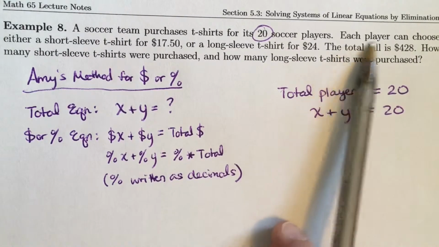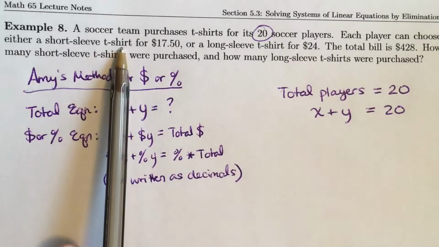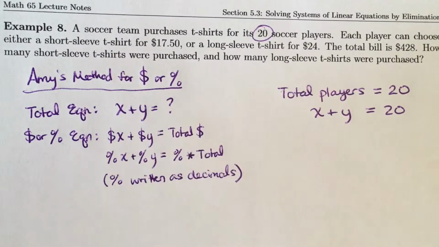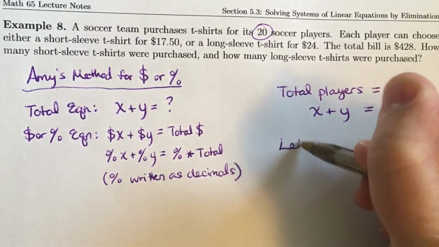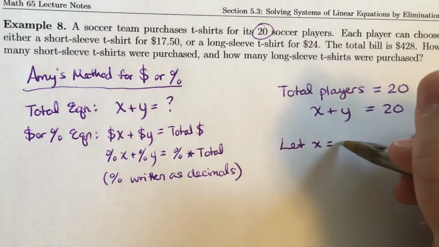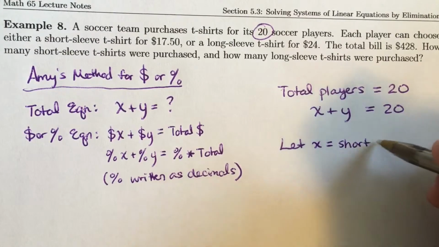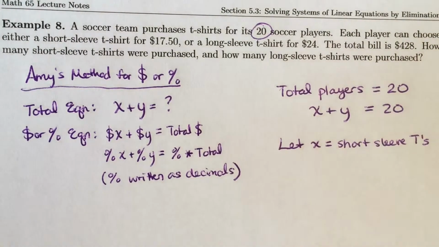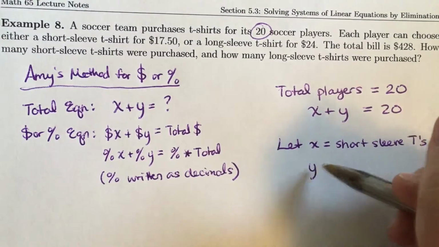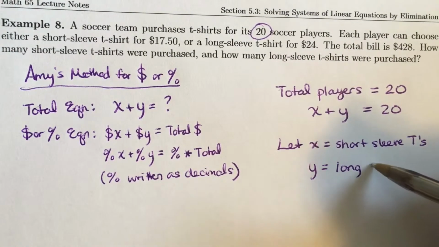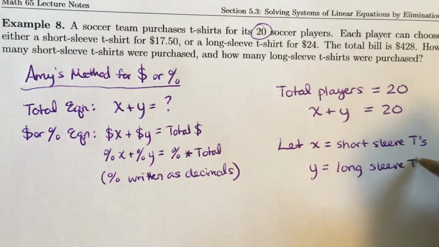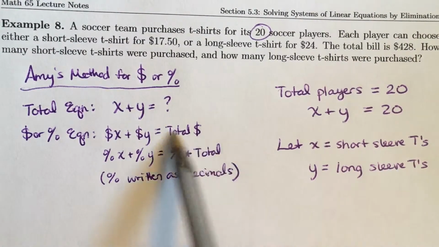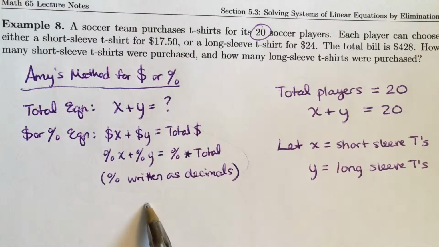The next sentence says each player can choose either a short sleeve t-shirt for $17.50 or a long sleeve t-shirt for $24. So what I'm going to do is let x equal the number of short sleeve t-shirts, and let y be the number of long sleeve tees. Then we need to structure this with the money.